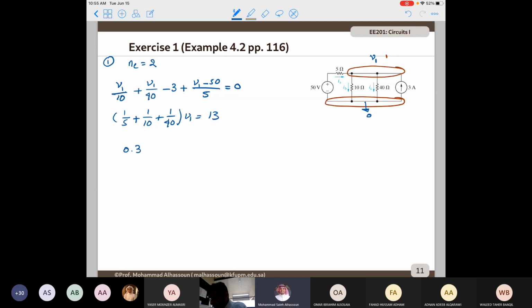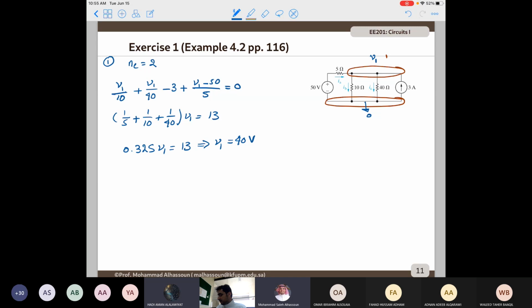So 0.325 V1 equals 13. And this is going to give me V1 equals 40 volts. So now I found the node voltage that I'm interested in. Hadi, how do we find IA in this case?